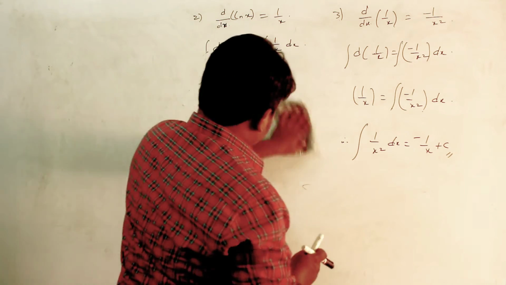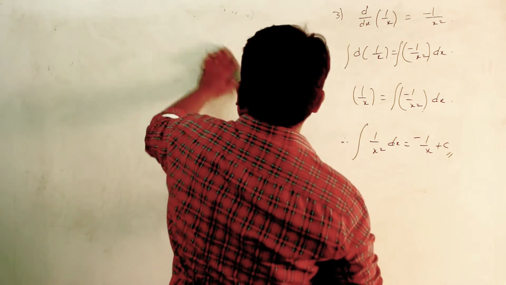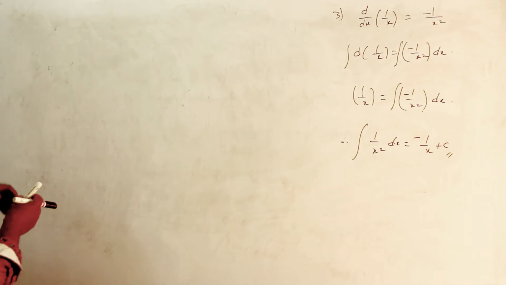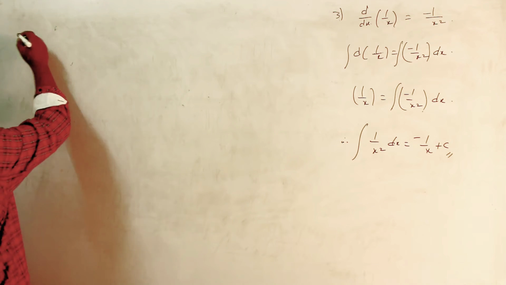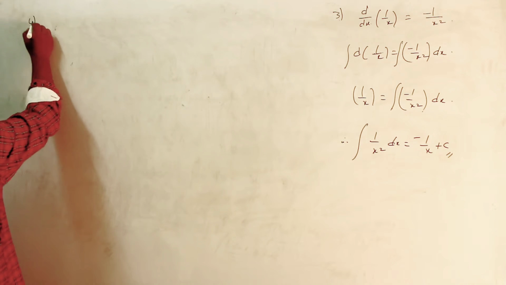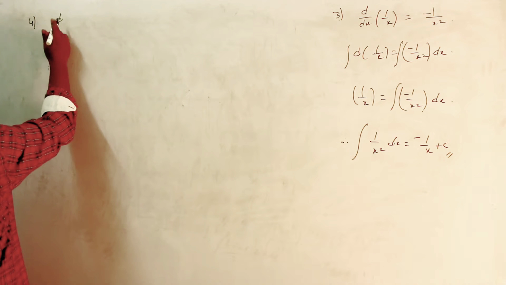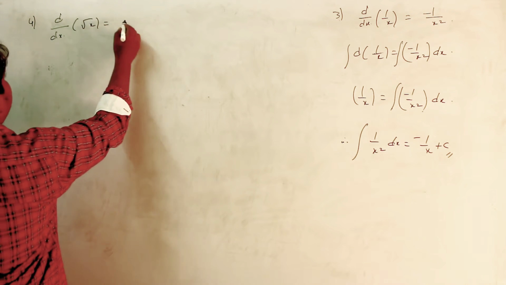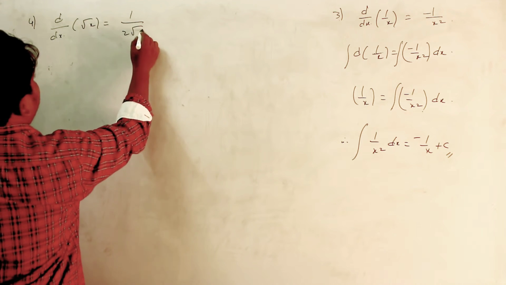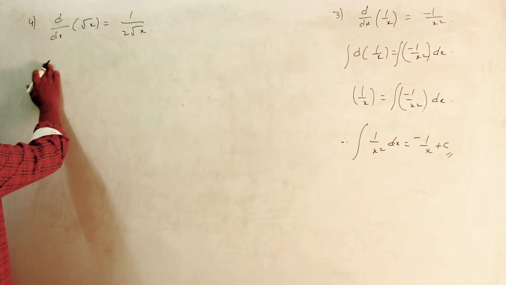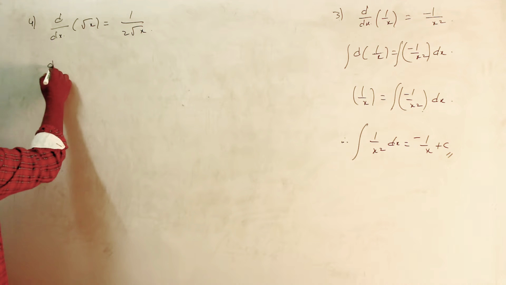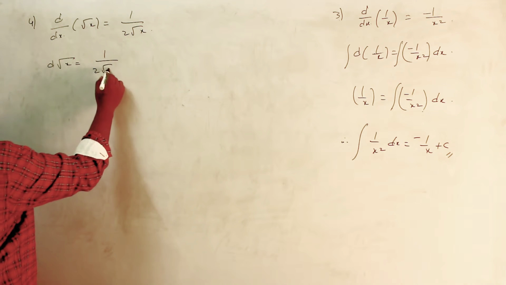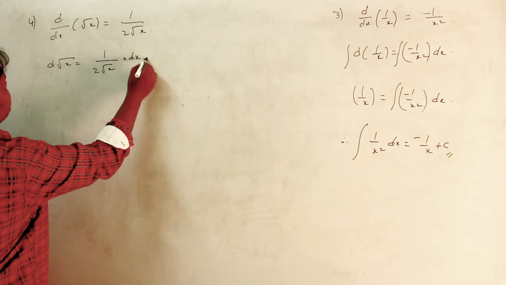Previously we have studied one more formula of differentiation, that is formula number 4, d by dx of root x. This we have written as 1 by 2 root x. Therefore, again let us do it in the same method. d of root x is equal to 1 by 2 root x into dx.